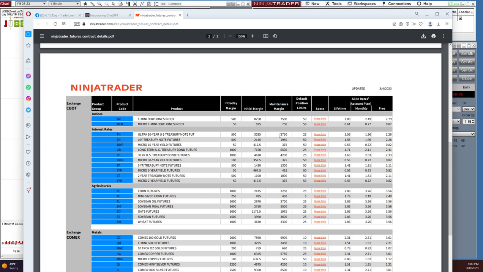But to give you an example, if there's a high margin trade, and this Friday's jobs report is a high margin trade, all the instruments that we trade go to at least maintenance margin. So that means that bonds, which usually are $500 per contract, are up to almost $2,000 per contract. The NQ goes really crazy.